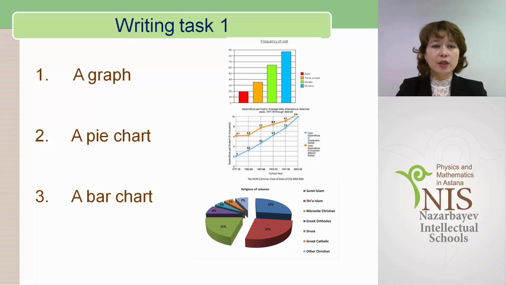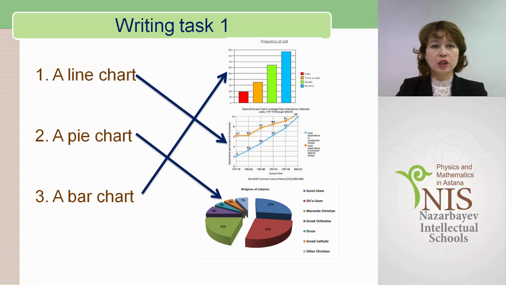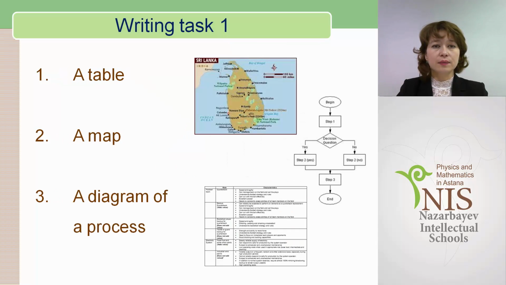Please match the word and the picture. Let's check. So, a line chart is the second picture. A pie chart is the third picture. A bar chart is the first picture. Well done, guys.